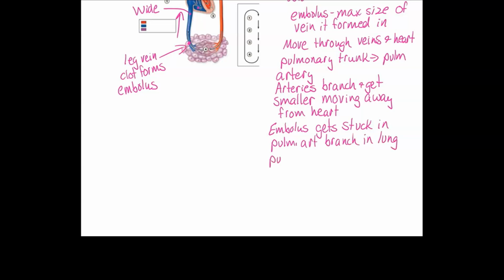This is now a pulmonary embolism. And this is very dangerous because it can block blood flow through the lungs.